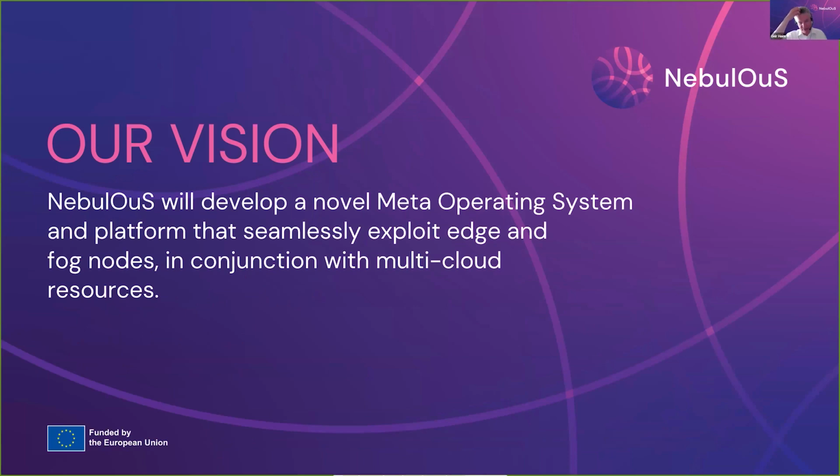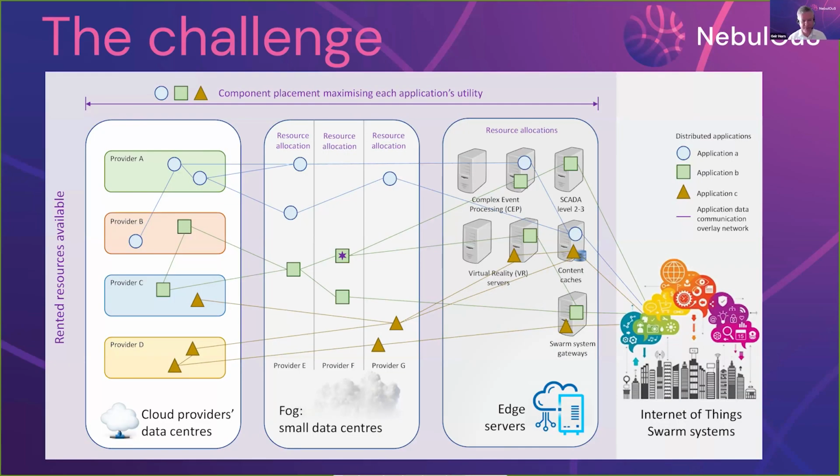The challenge that we are trying to address is basically summarized here, where you have multiple applications, and each application can have components in different positions in the domain of what we can call rented or virtualized resources.